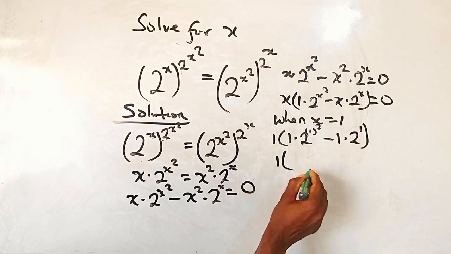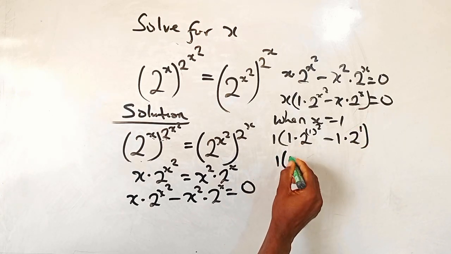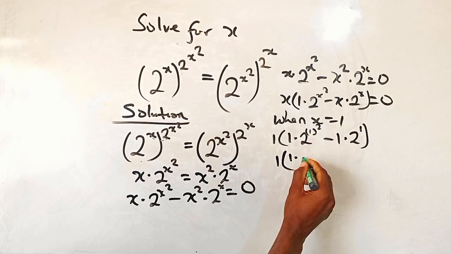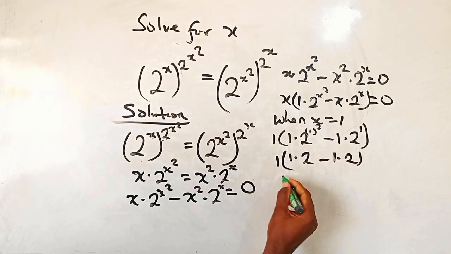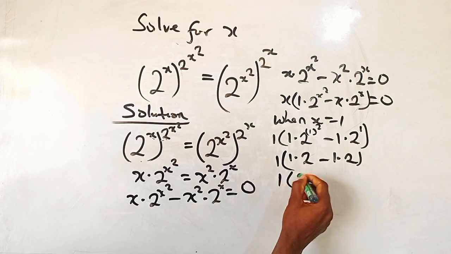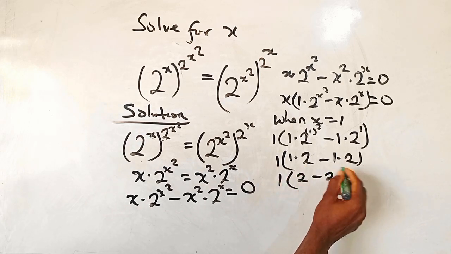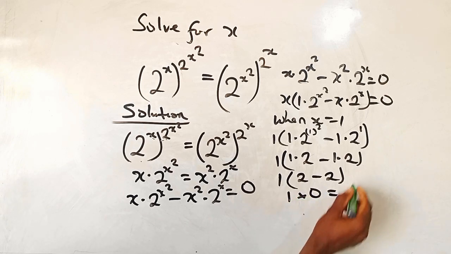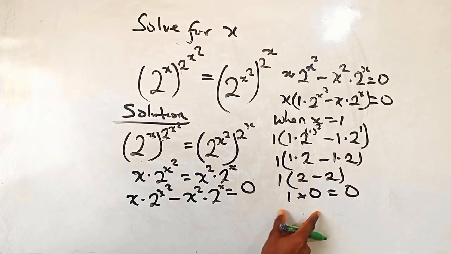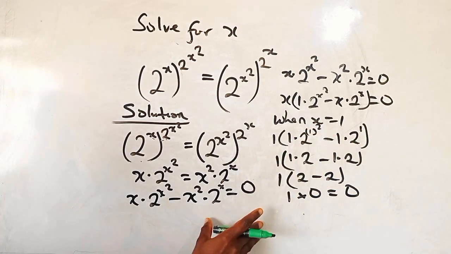So 1 times 2 is 2, and 1 times 2 is still 2. When we subtract, we have 0. We multiply it by 1, we have 0. So we say the value of x equals 1.